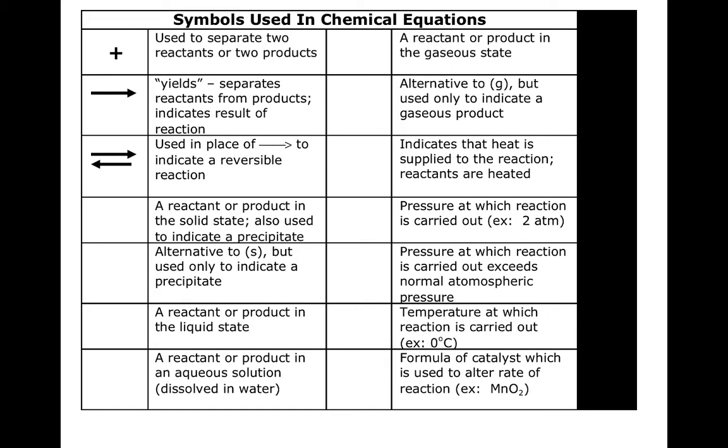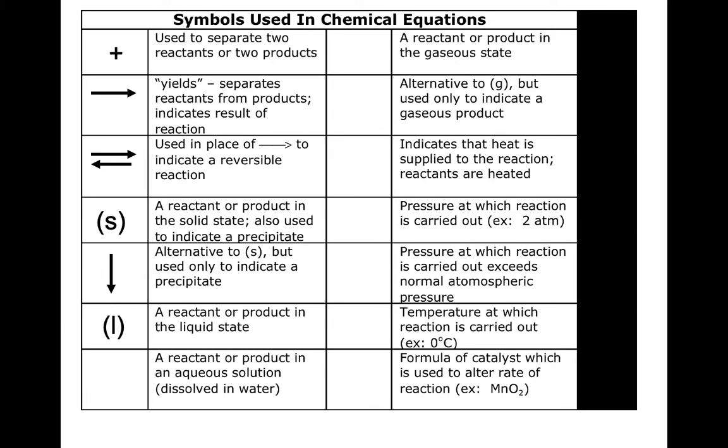If you produce a precipitate, there are two ways that you can show that. A precipitate would be that solid falling to the bottom. So we can use the symbol (s), or since it is a solid falling to the bottom, you can show a down arrow. If something is liquid, and that would be water, we would designate that with an (l).